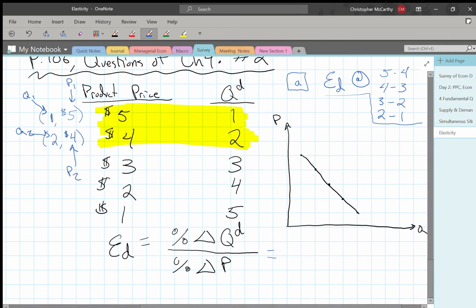So unpacking each one of these, the percentage change in the quantity demanded, we know is a fraction in and of itself, right? It's the new minus old, so it's going to be the Q2 minus the Q1 all over Q2 plus Q1 divided by 2.